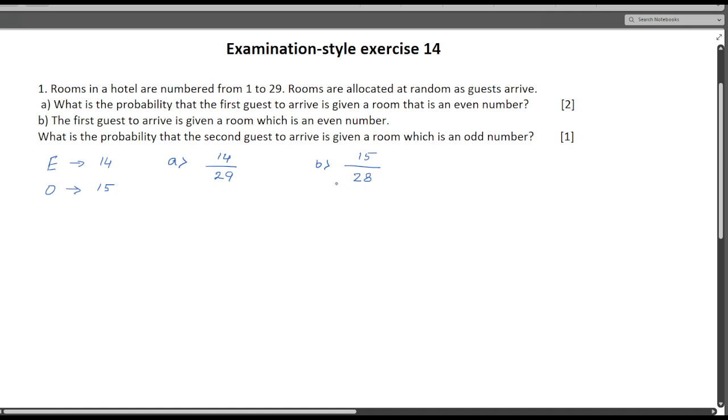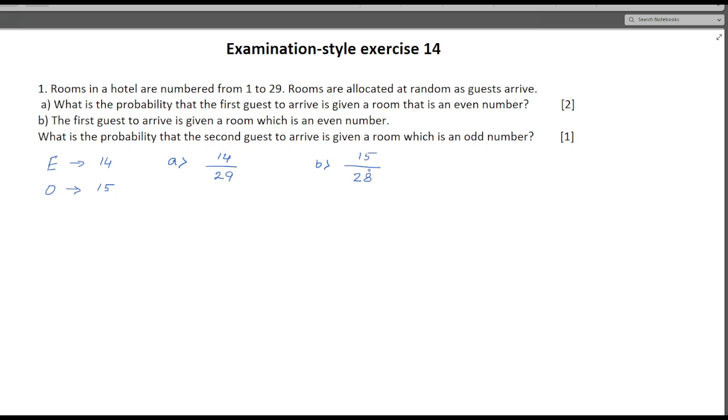So the answer for B will be 15 divided by 28. The first room is already allotted, and that is an even number room. So the number of odd number rooms will still remain 15, but the total number of rooms will decrease by 1. So your answer will be 15 divided by 28.